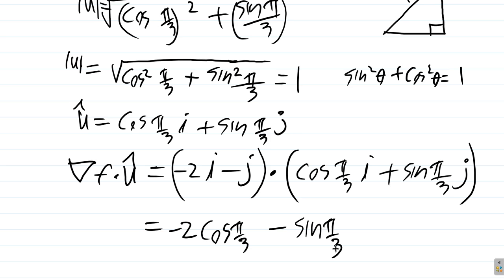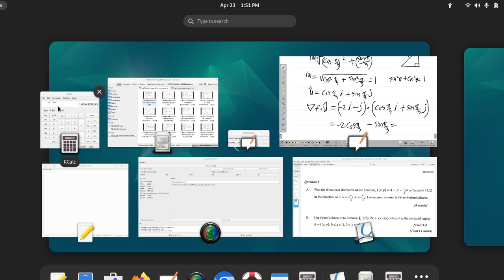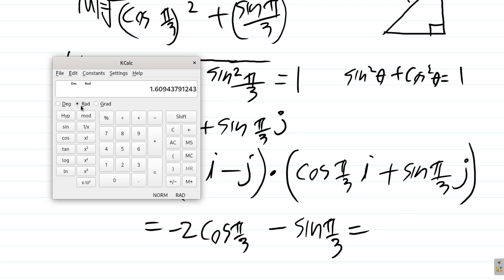Alright. Now, what does this give you? 2 times cos(π/3). This is in radians.